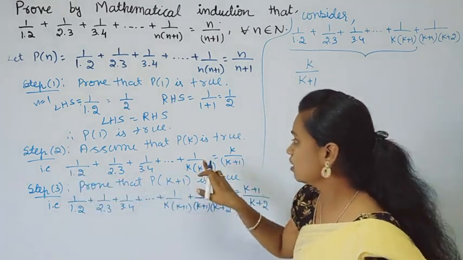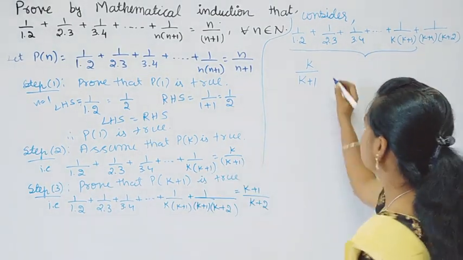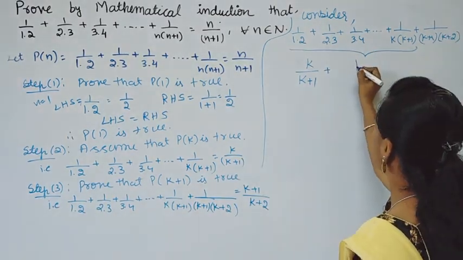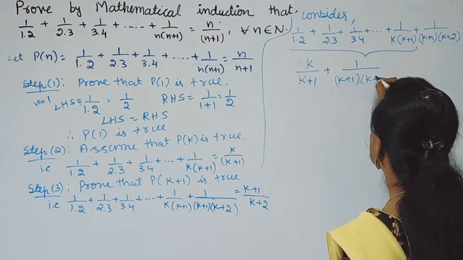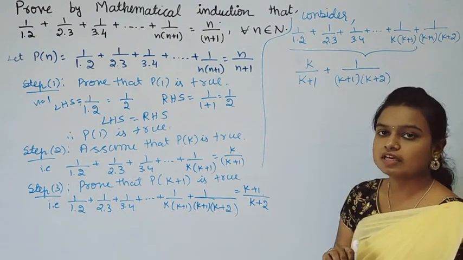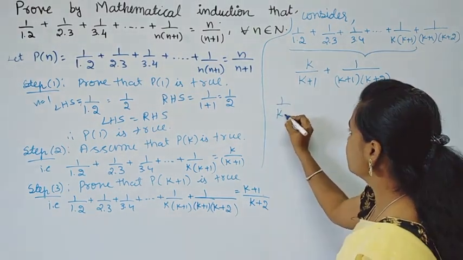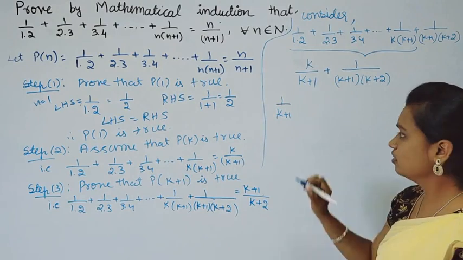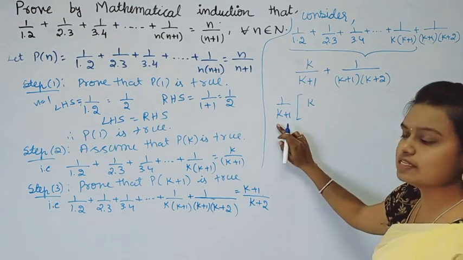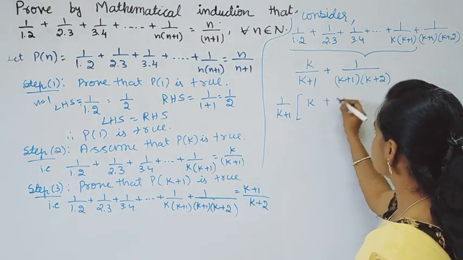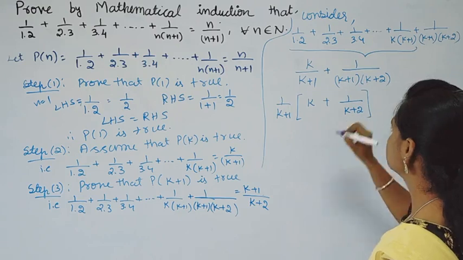So from this up to the kth term, that is equal to k by k plus 1, plus the k plus 1th term, that is 1 by k plus 1 into k plus 2, right? So now take 1 by k plus 1 as the common factor. So the remaining is k, plus 1 by k plus 2.